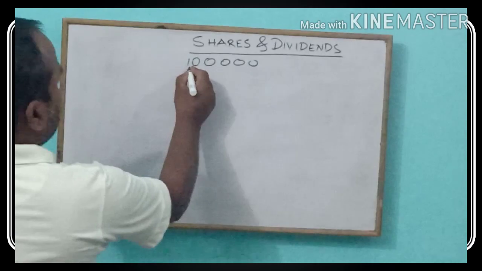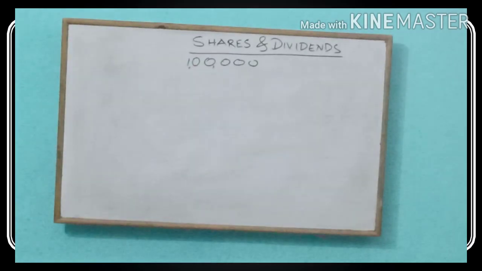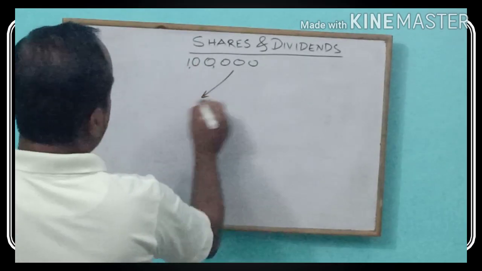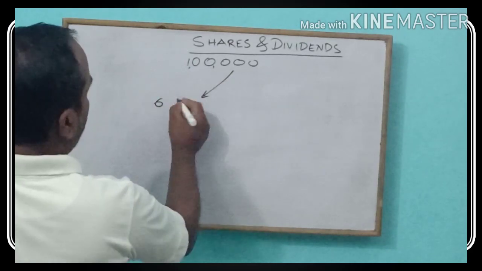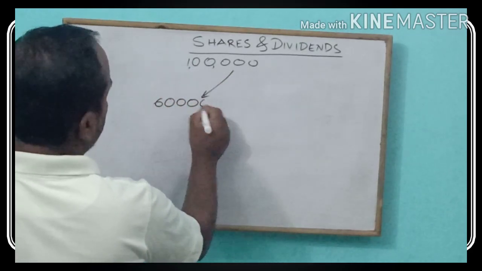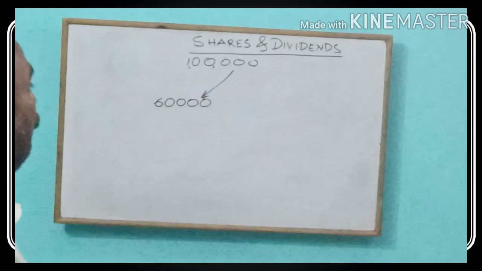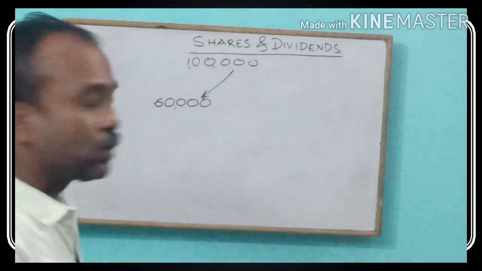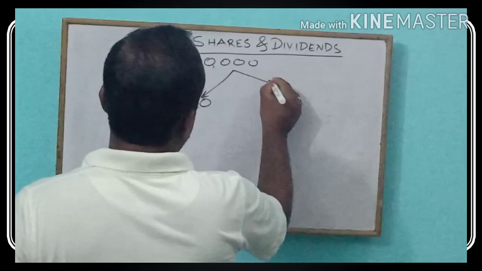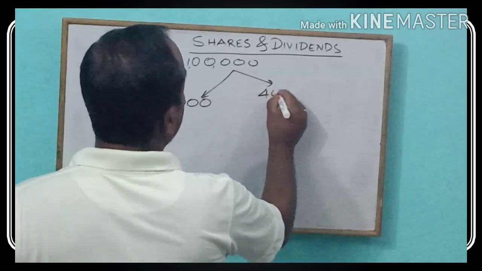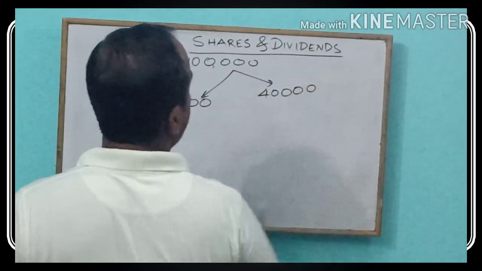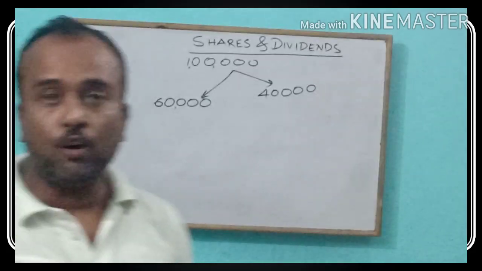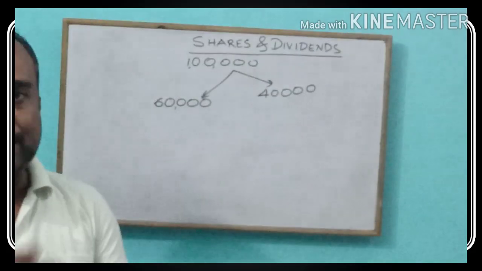He has, say, 60,000 rupees with him. I am just taking an example for your understanding. So he needs 40,000 more to start up the business.